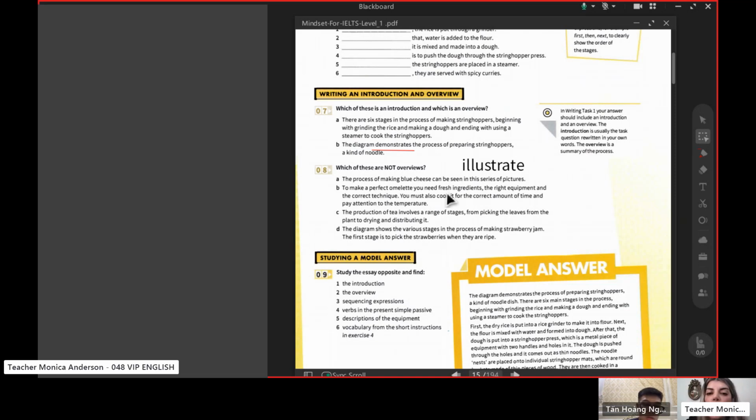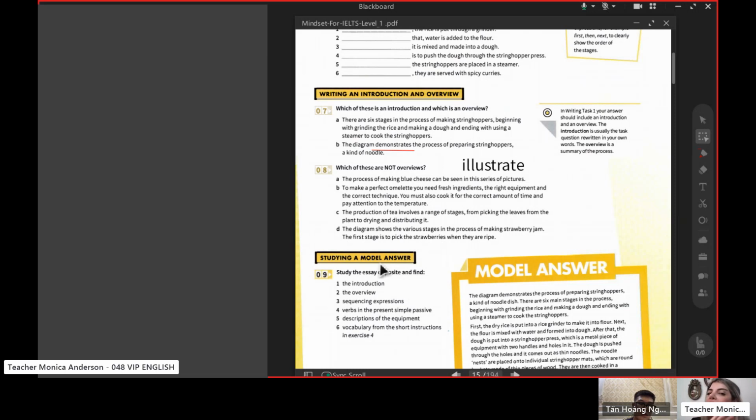Do you know why? Of course, you say, okay, this one is a process. In a process diagram, we only say the stages, the first and the last. What is not? Of course, we are not talking about the process. For example, you're going to talk about the process of making an omelette, and you say, to make an omelette, some ingredients are needed, and of course equipment and some technique, just this.